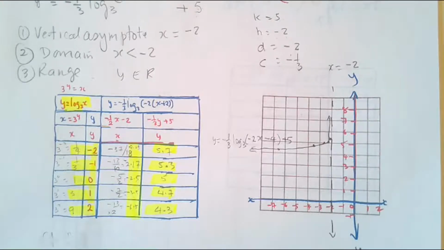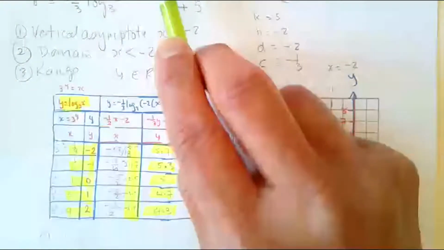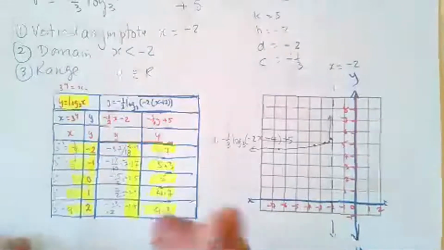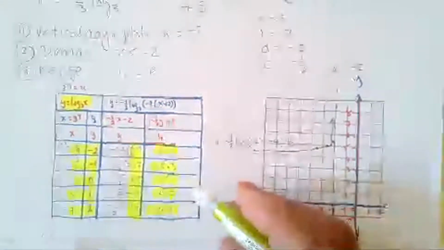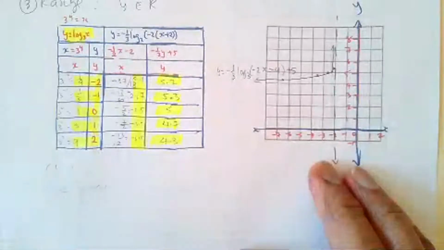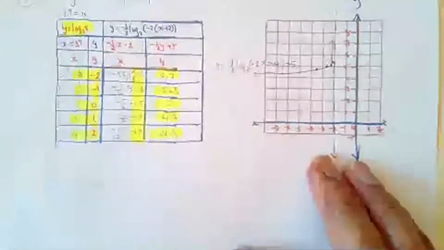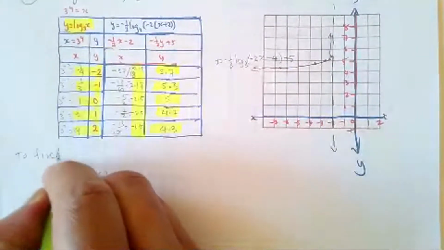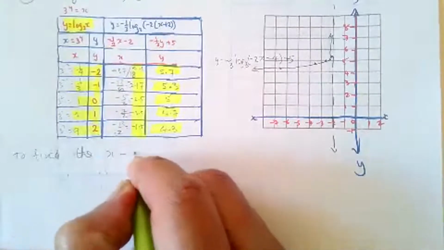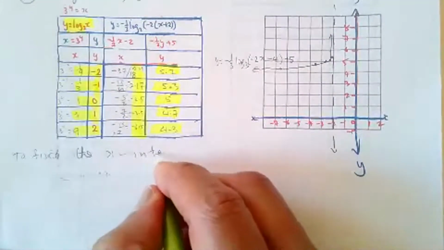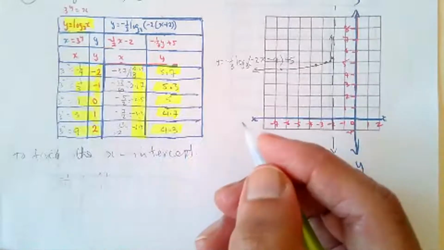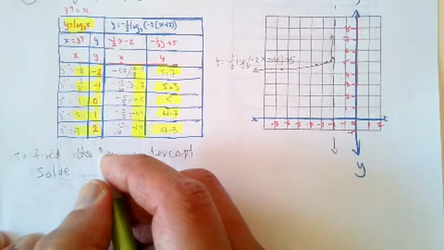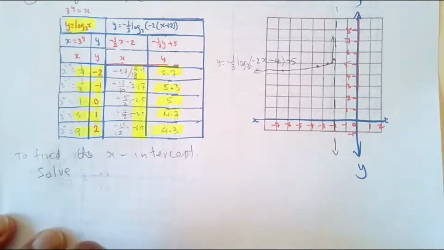Now they ask you to identify the intercepts. The x-intercept we haven't found yet. We know that there's no y-intercept. So to find the x-intercept, we let y be 0 and solve for x, right?